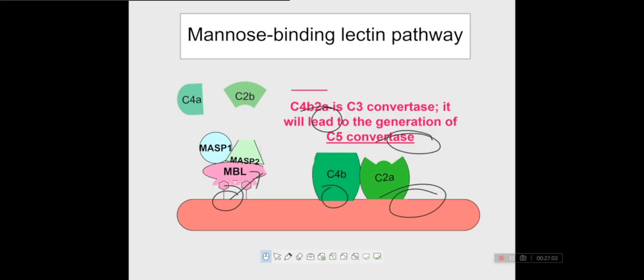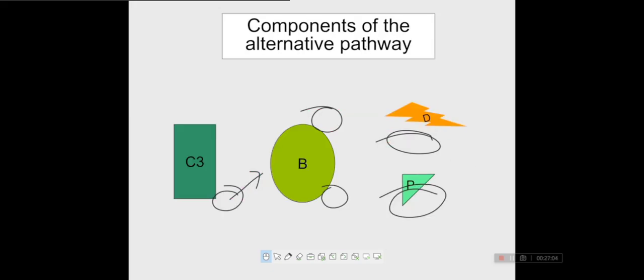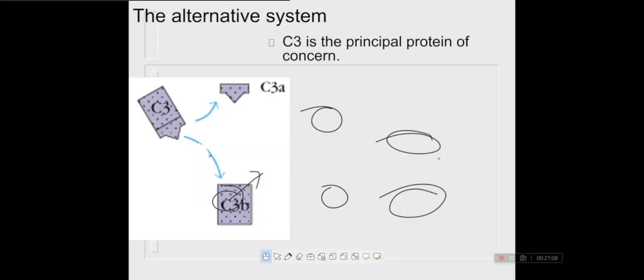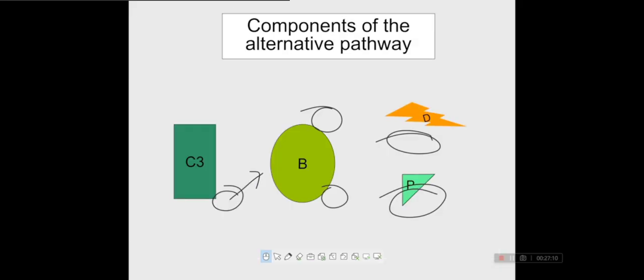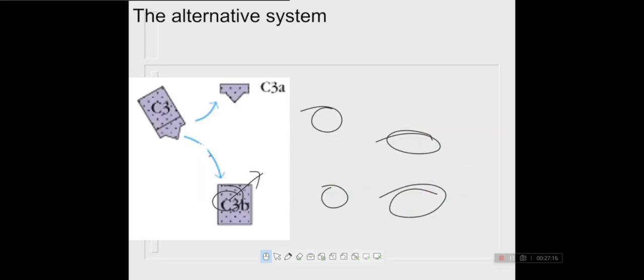It will lead to generation of C5 convertase, right? When C5 convertase is generated, they activate B, P and D, right?